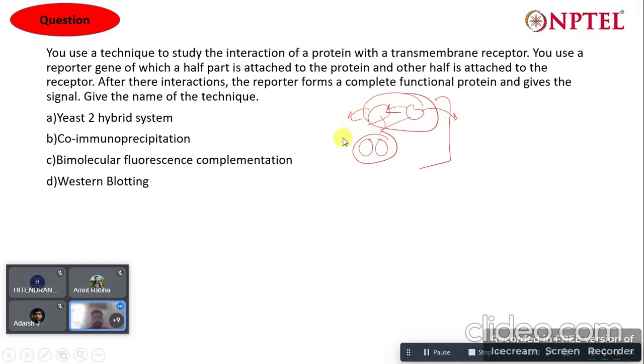So this is not yeast two-hybrid system. It's biomolecular fluorescence complementation. Okay.